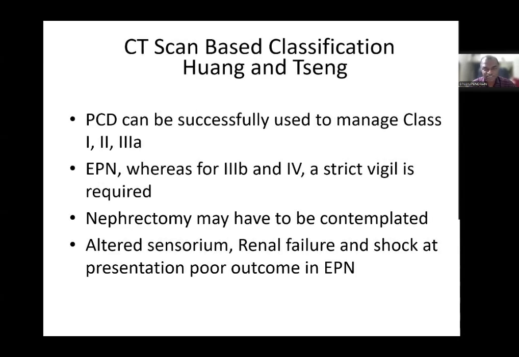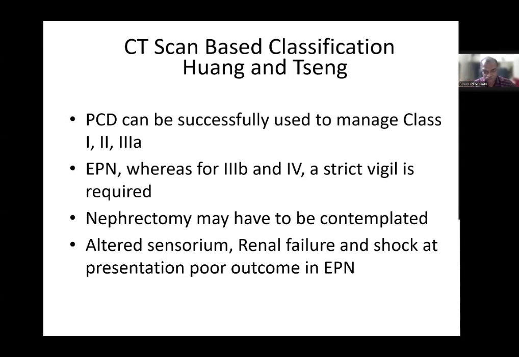So based on the CT scan classification, as I said, Huang and Tseng's classification has been used as a guideline for treatment. PCD can be successfully used in the management of class 1, 2, and class 3A when it is confined to one kidney or within the Gerota's fascia. With class 3B and 4, when it reaches beyond the Gerota's fascia, one has to keep a strict vigil.